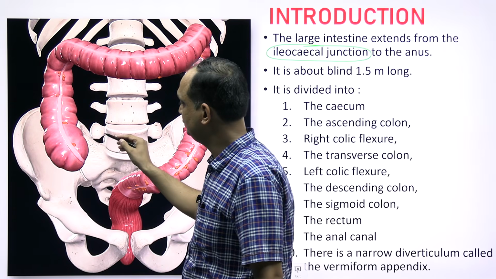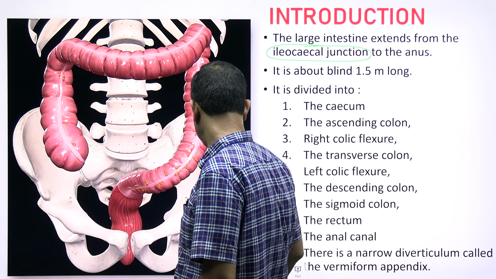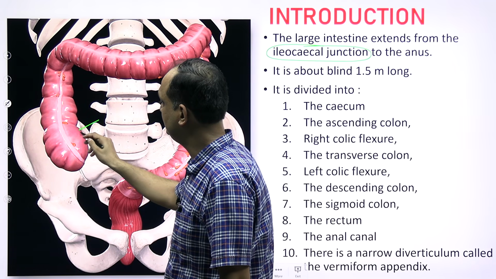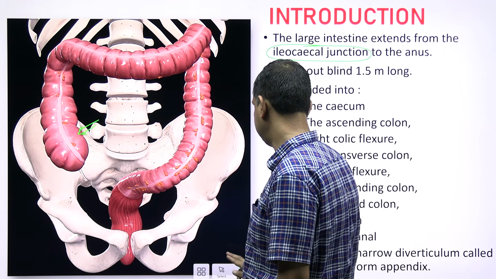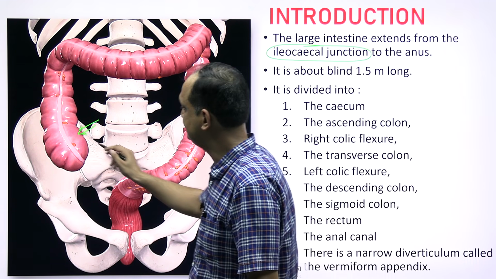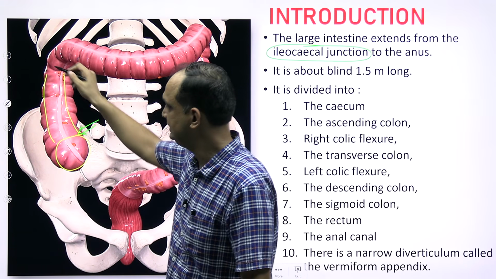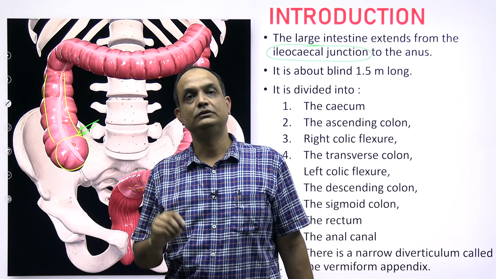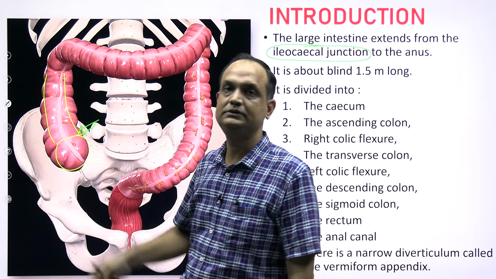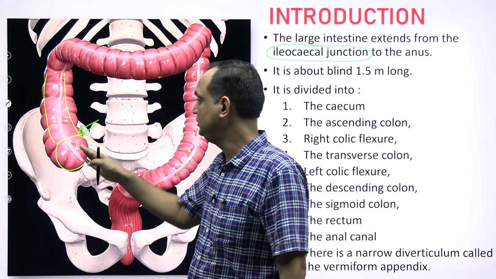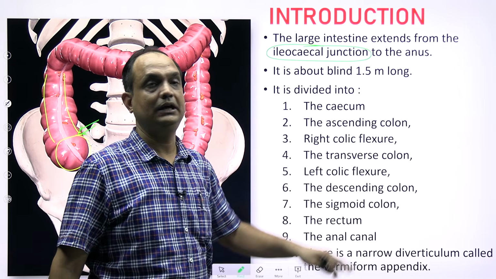Suppose at this point you have the opening of the ileum here on the posteromedial aspect of the cecum, then the part which is below is known as the cecum, and at this point it continues as the ascending colon. So this is the first thing you have to understand: as soon as the ileum opens into the cecum, you are talking about the colon, and it extends up to the anus.